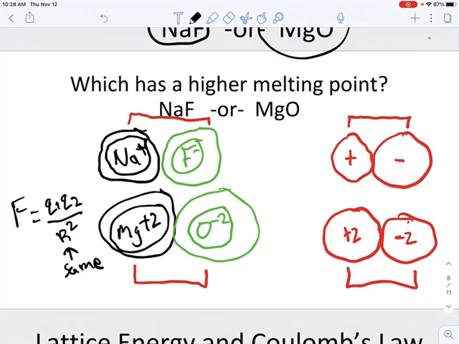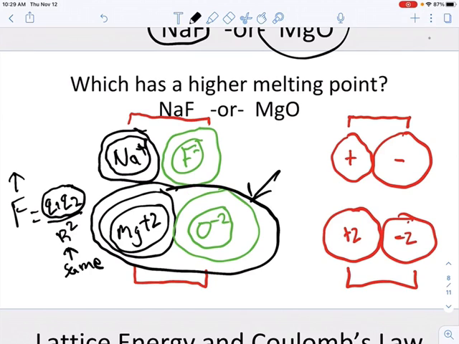So instead of having 1 times 1 in my numerator, I have 2 times 2, which would give me a larger value in my numerator, and means that my force of attraction for magnesium oxide is greater. The distance between them is the same as sodium fluoride, but they're more strongly charged. So therefore, with a greater force of attraction, I would need more energy to break apart magnesium oxide and to melt it. And so magnesium oxide should have a higher melting point.